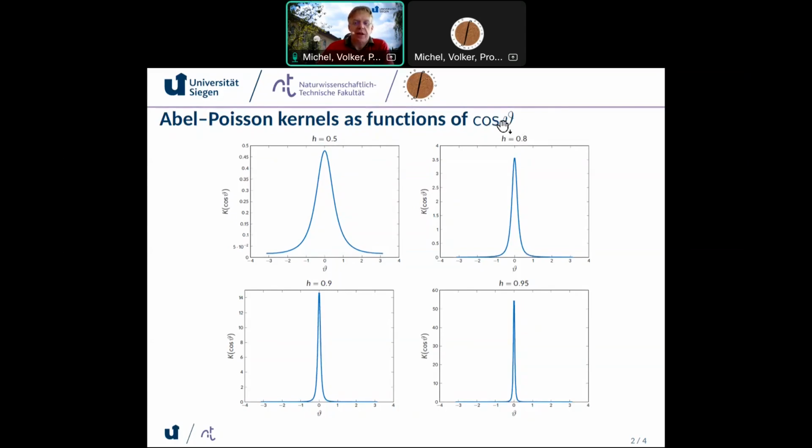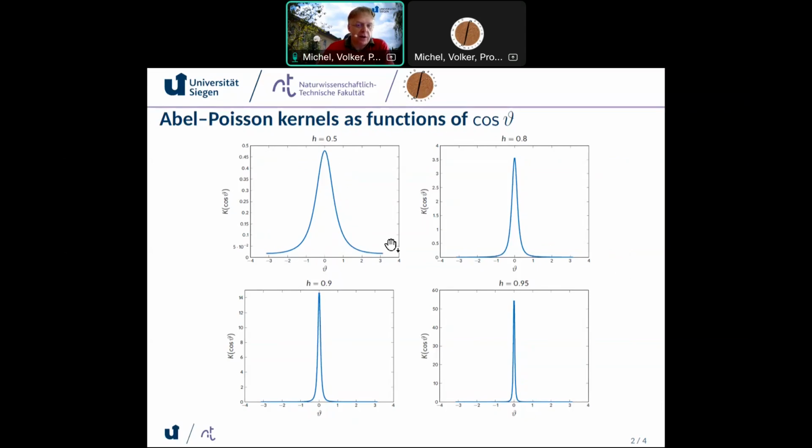So t is ranging from minus 1 to 1 and down from 1 to minus 1 again. So we have a maximum for theta equals 0 or for t equals 1. And what you see is that you get kind of peaks here. So we call that a hat function if it looks like that.